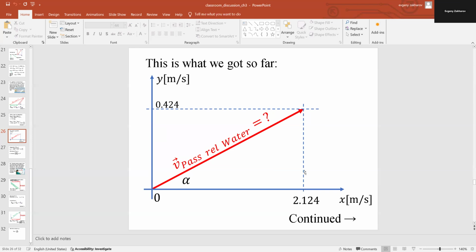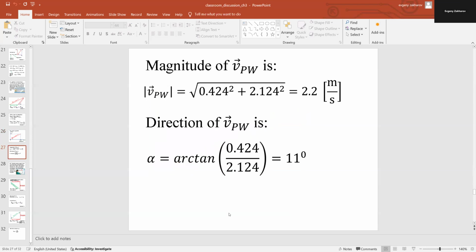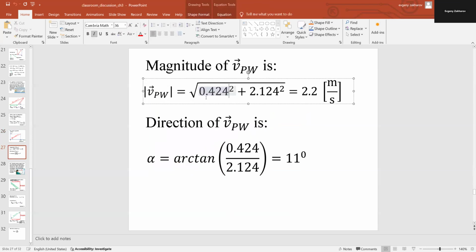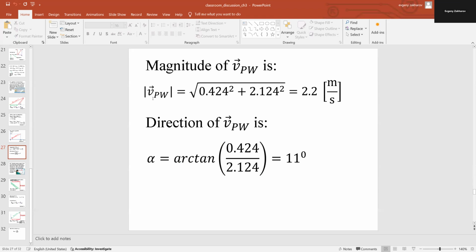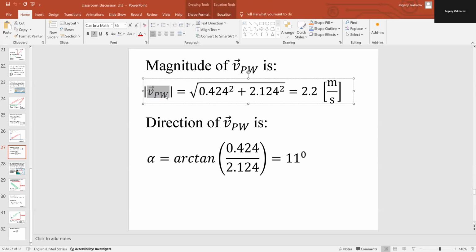This is also 0.4. So 0.4, 2.1, square this plus square that, take the radical out of the total, and you're going to get the magnitude of the vector that we're looking for. So my passenger is going 2.2 meters per second with respect to water, okay?